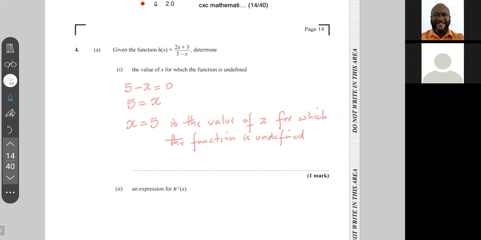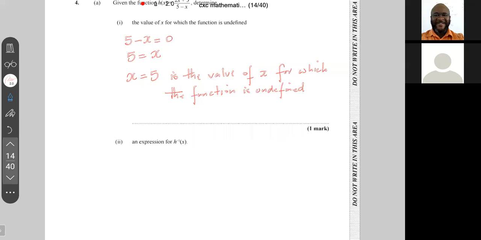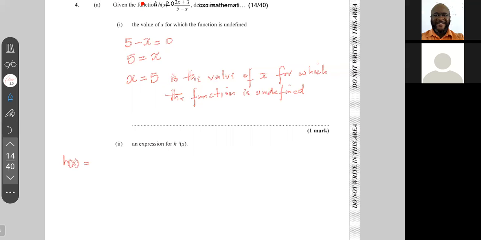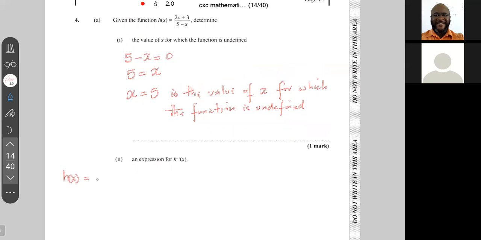write an expression. We need an expression for h inverse of x. All right, first of all, h of x is equal to what? 2x plus 3 over 5 minus x.